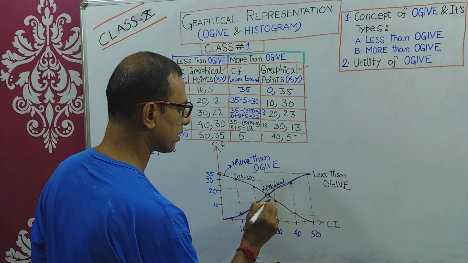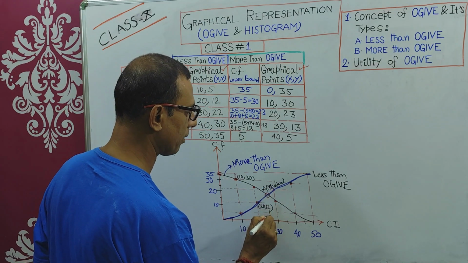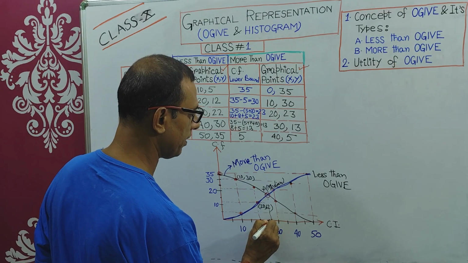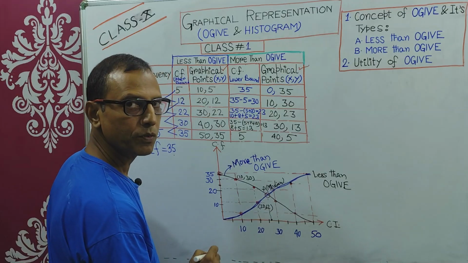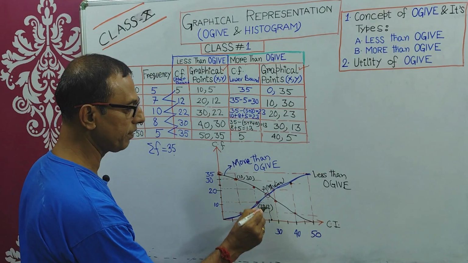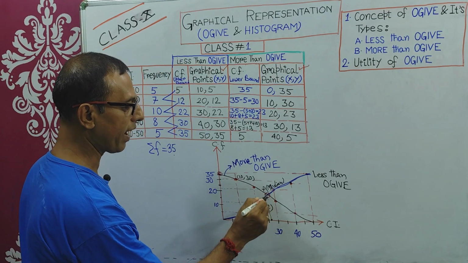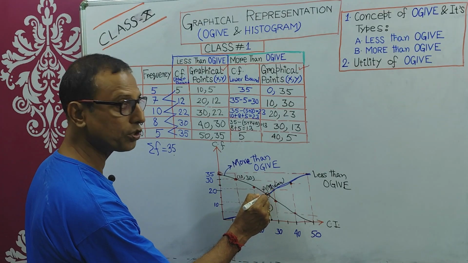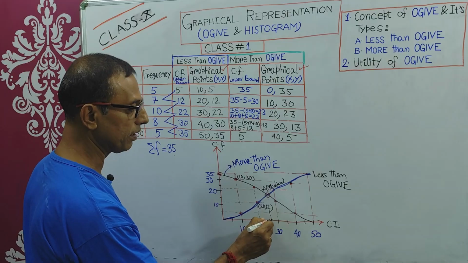Median means the respective x-axis value. That is the median, this one. So this is the median and this is the data point. Which position does the median have? This is the position of the median, and this is the value of the median.